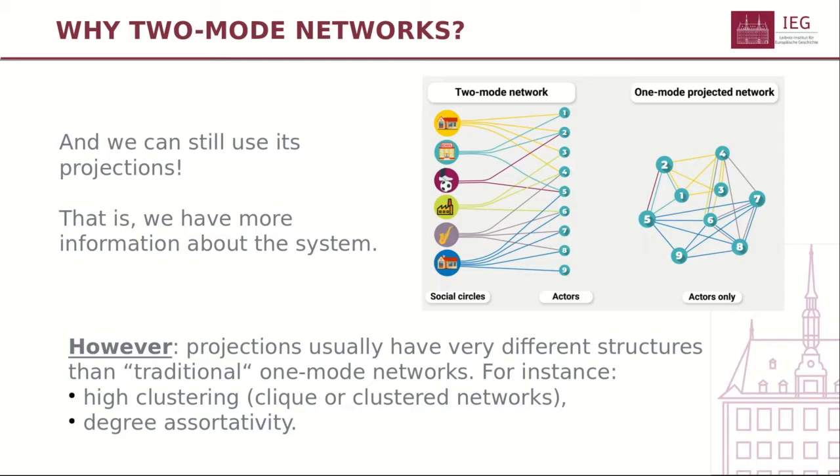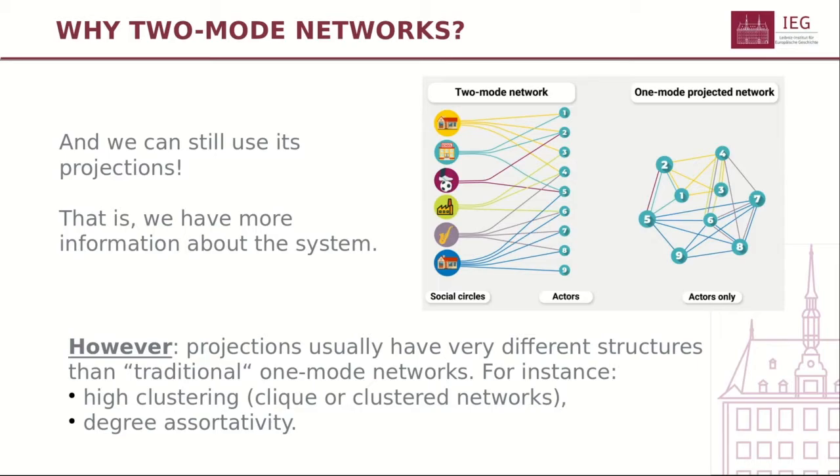But a point to note here that's important is that because social systems are mostly made of this bipartite structure, the one-mode projections usually have different structural characteristics than one-mode networks in biological or artificial systems, for example.